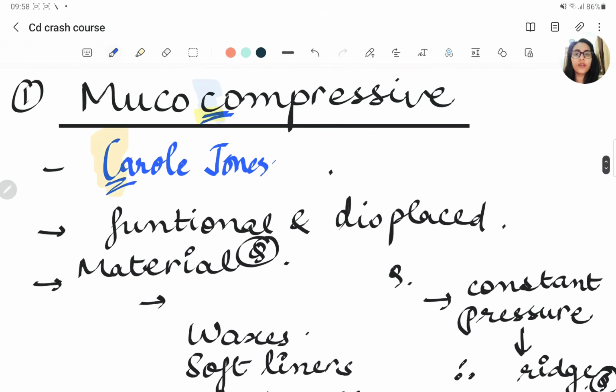According to this mucocompressive technique, the impression is going to be compressing the mucosal tissues. So when the impression compresses the mucosal tissues, the impression is going to be functional and displaced.